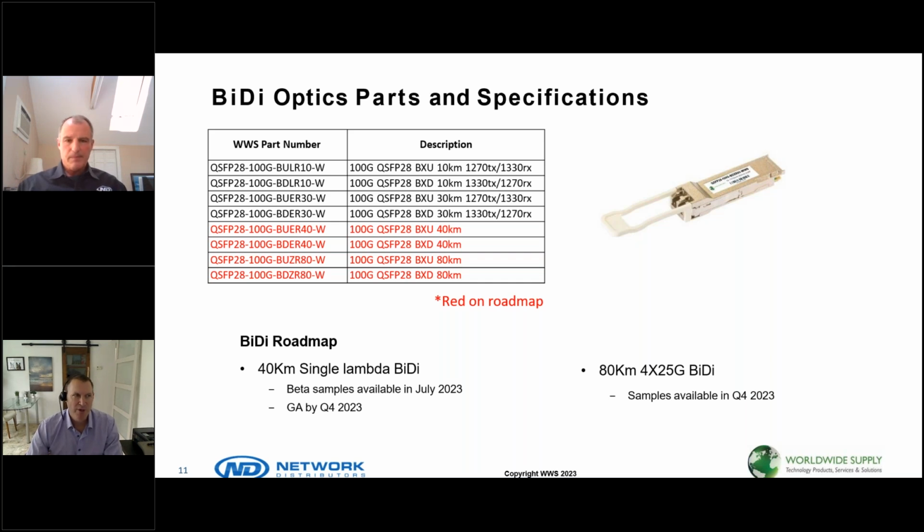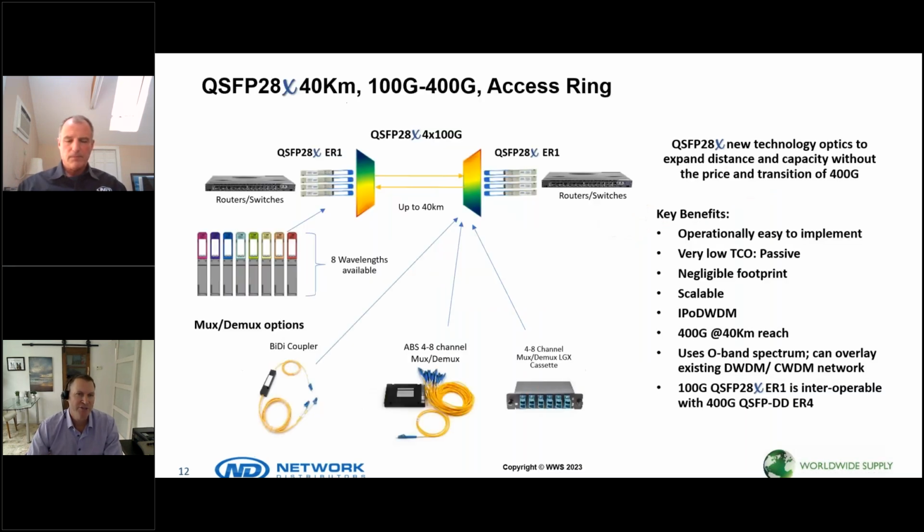As we shift over a little bit, let's add to the equation QSFP 28X and what those access rings look like when you implement this strategy. So QSFP 28X is trademark our name for a technology which is an NWDM technology. NWDM is a standard that was published in 2021.